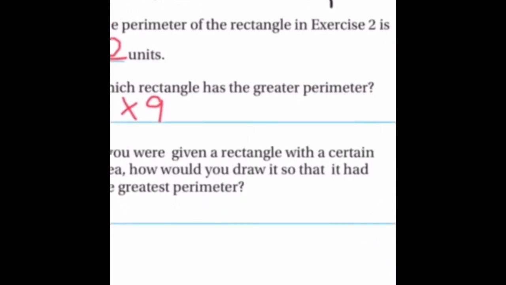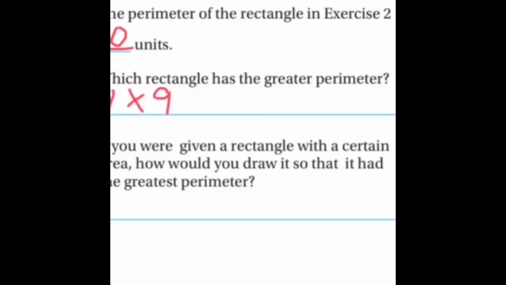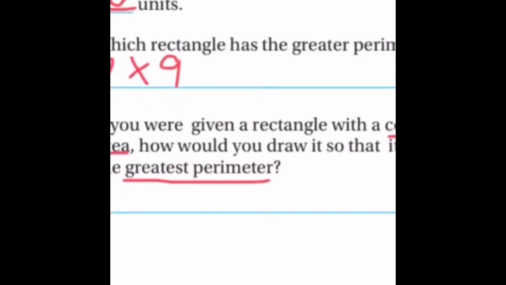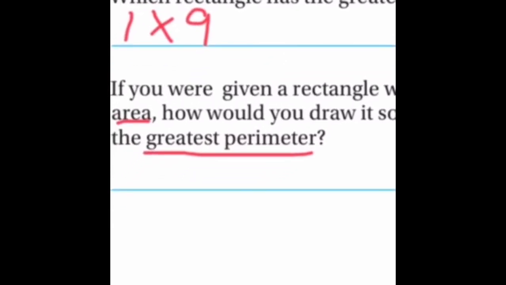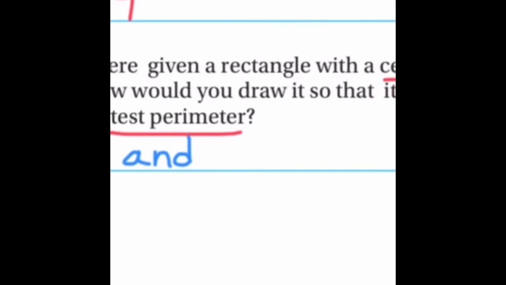Number 5, if you were given a rectangle with a certain area, how would you draw it so it had the greatest perimeter? And I mentioned that a little earlier. It would be the long, skinny rectangle, long and skinny, okay?